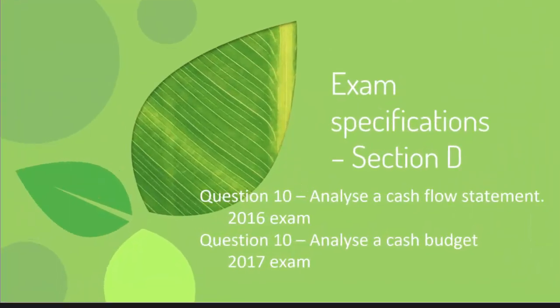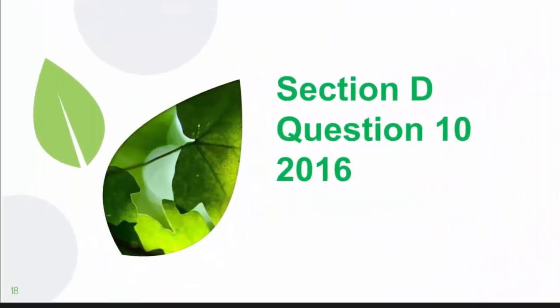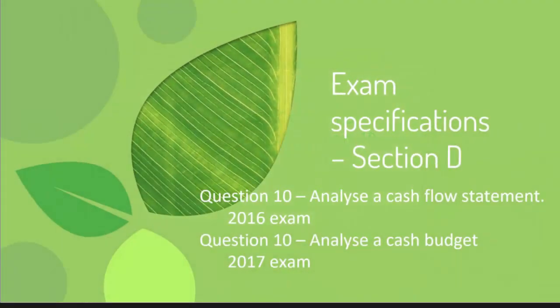Now moving on to question 10, as I said before, you have either a cash flow statement or a cash budget to analyse, and that will then alternate with what happens in section C, where you have to construct one. If you construct a cash flow statement, you then analyse a cash budget.